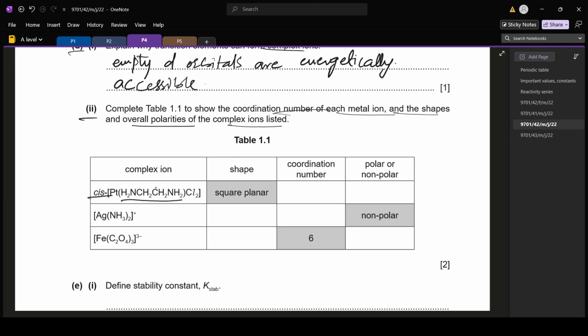So the coordination number will be 4, because the shape is square planar, and in a square planar we have a coordination number of 4. This will be a polar molecule, because the en group and chlorine group have different polarities. They will not cancel out each other's polarity, so this molecule will be polar.